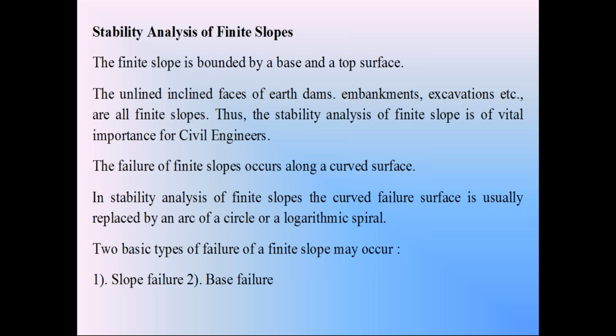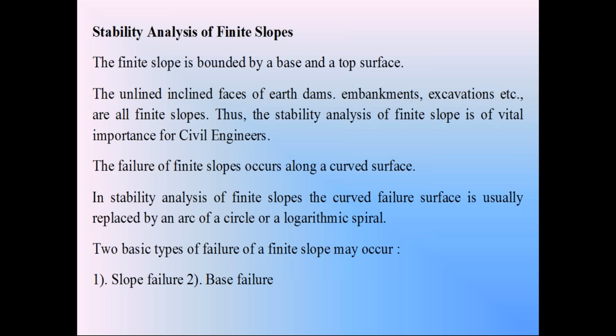The first one is stability analysis of finite side slopes. This is an important one because most of the side slopes in civil engineering are finite side slopes. The side slopes of embankments, the side slopes of earth dams, the side slopes of canals, all are finite side slopes.